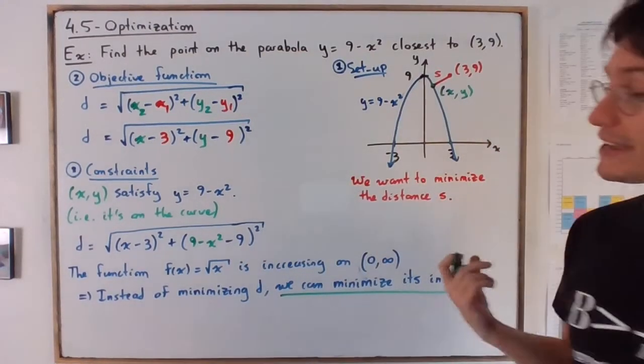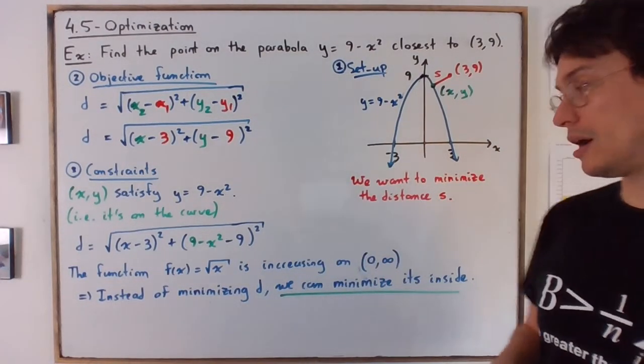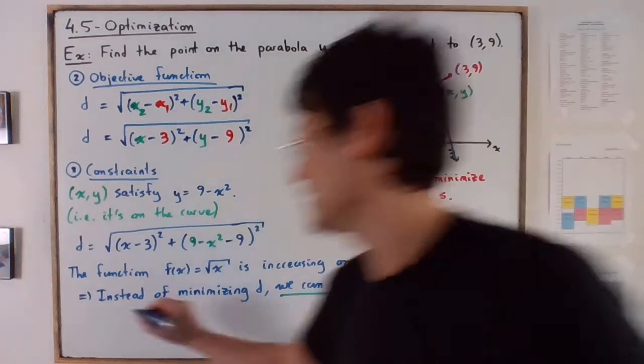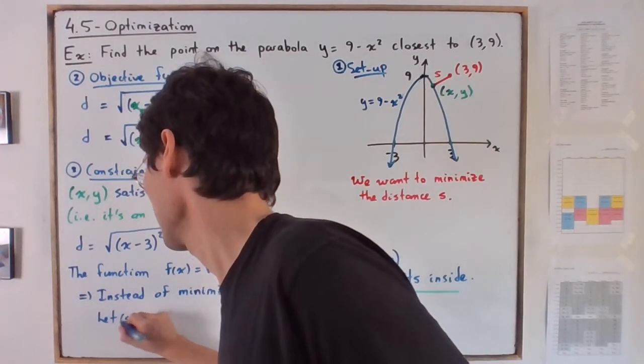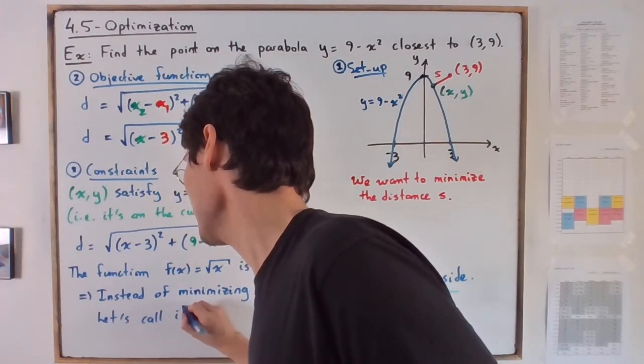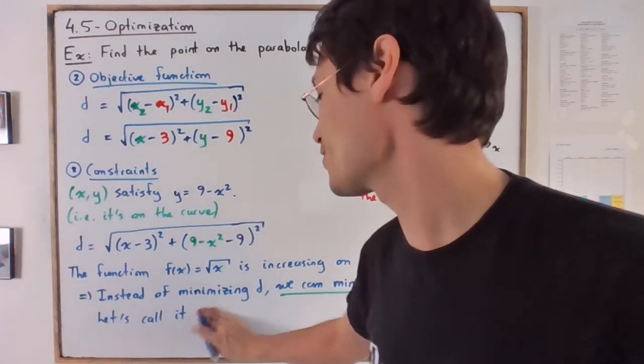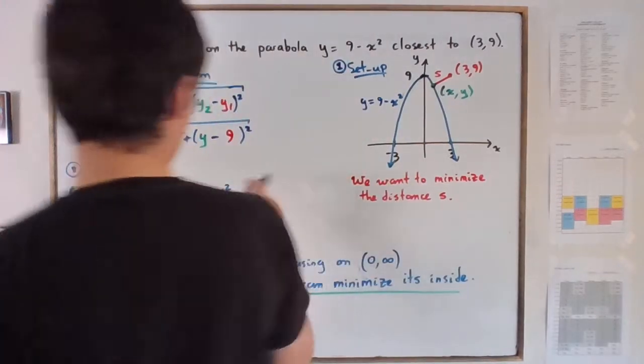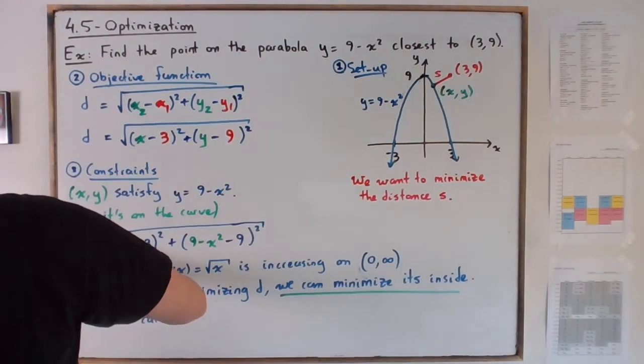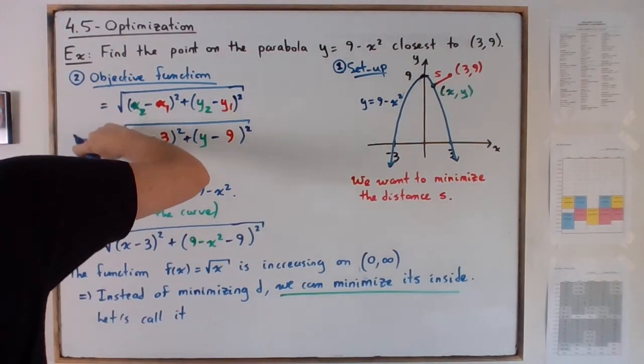Okay, so how do we do this? Well, we're gonna just define another function. We're gonna call it capital D, or actually, remember we said that S is gonna be our distance. So here I kind of messed up.